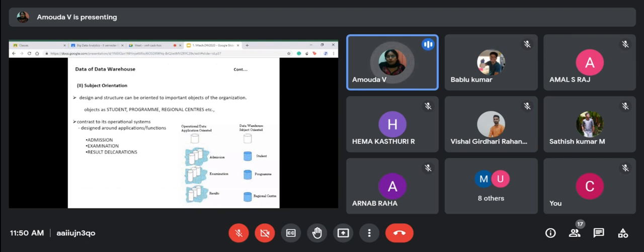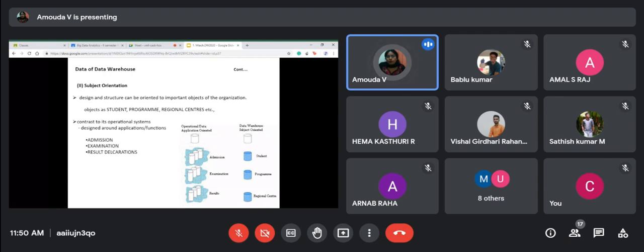Once the data is loaded for so many years, you will see the history of the data, so you will come to know how the business has gone, what the relationship is, how the students perform, or what the requirement of students is. All those things can be taken from the past history. So it should be subject oriented. It should not be application oriented. You should understand the difference between subject oriented and application oriented.